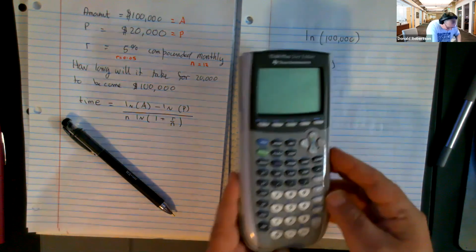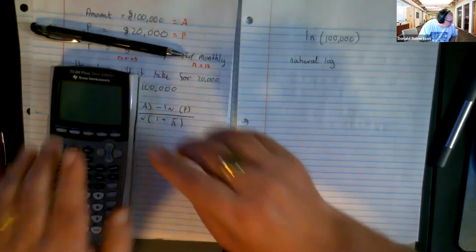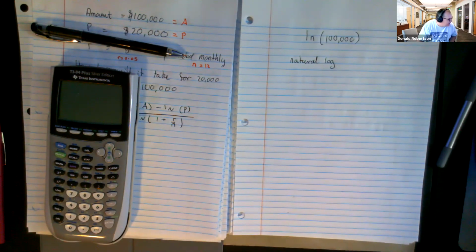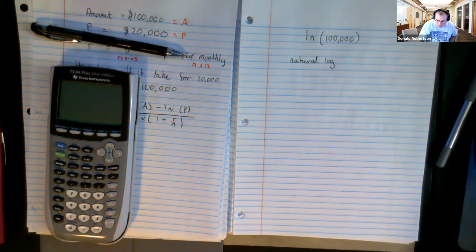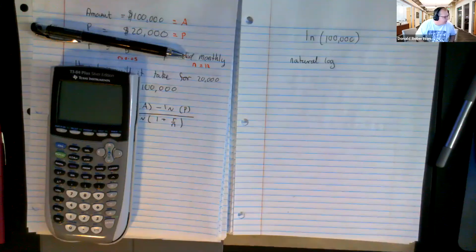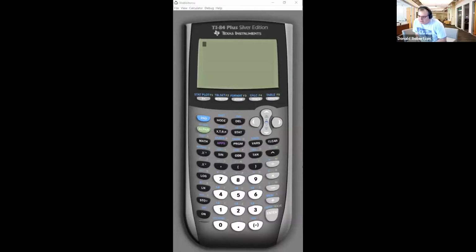Okay. Right, I'm going to do a different version than my normal calculator because this one's a little bit messy, and it might help if you see a big calculator version of it. So I'm going to risk technology here and see if we can get it. Are you all looking at a nice big version of my TI-84? I think it's a little bit clearer. I hope it is, at least. The formula that we had here is ln of A and ln of P and all that stuff.